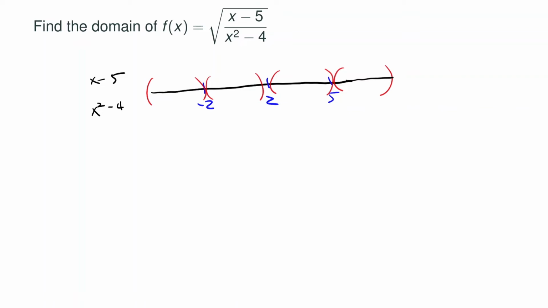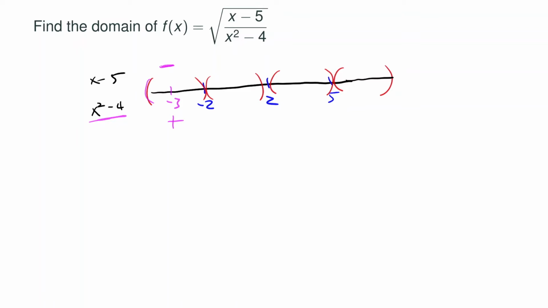Let me try right here. For example, if I plug -3 into the numerator, I get -8, which gives me a negative number. So in this interval, whatever number I plug into the numerator, I get a negative number. Denominator, if I plug in -3, I get positive, because I get 9 minus 4, which is positive.